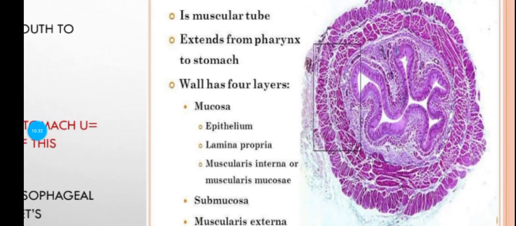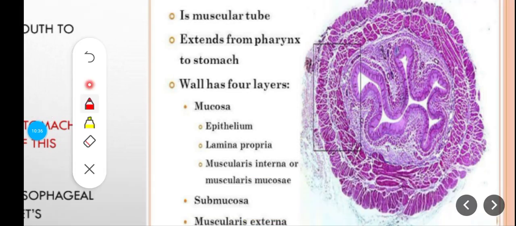So this is the slide of the esophagus. Now, this is the mucosa. And the mucosa is a stratified squamous non-keratinized epithelium. This epithelium is seen in areas which handle frictional forces.